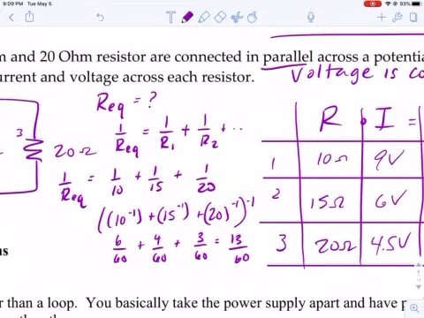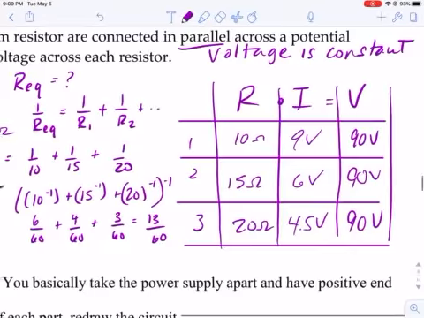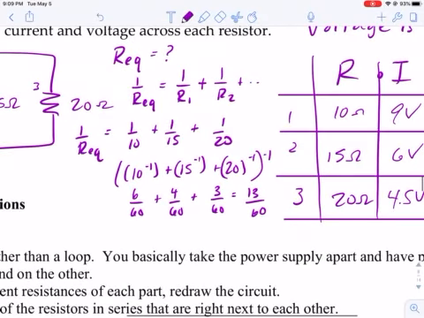Wait, is that right? All right, I'm not sure. Well, my brain's not firing all together here, but okay, so the equivalent resistance then would be 60 over 13.